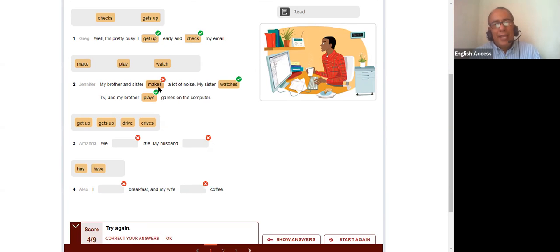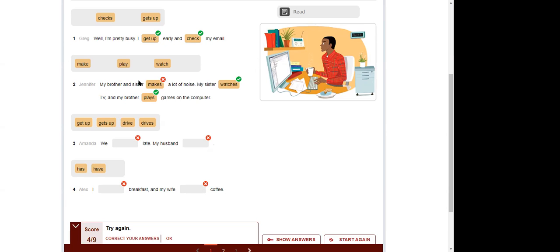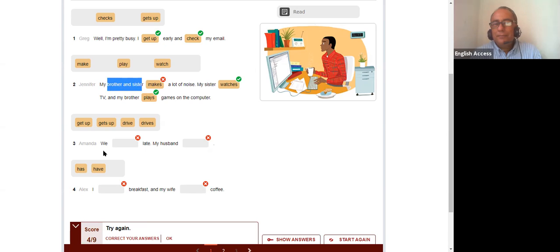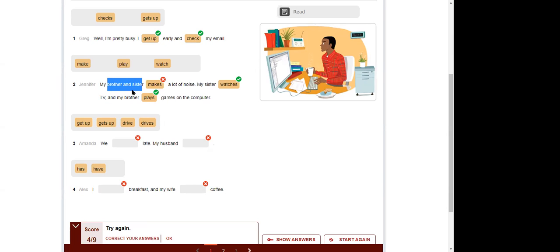¿Por qué aquí makes está incorrecto? Dice, my brother and sister. ¿Cuántas personas hay aquí? Two people. Which pronoun we use for brother and sister? They. Sí, es que hace referencia a ellos. Yes, exactly.